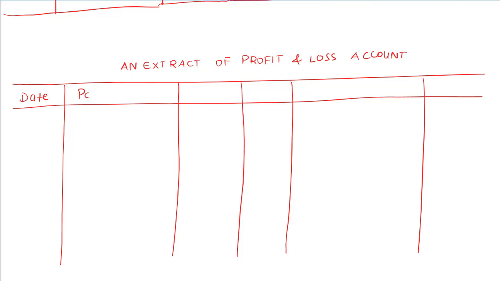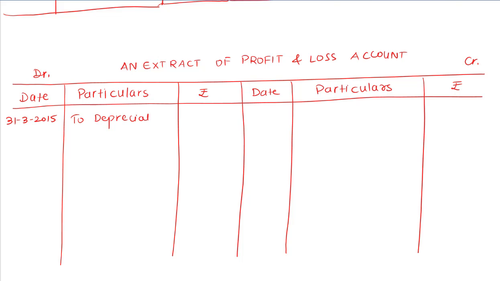Date, particulars, amount. Debit, credit. 31st of March 2015, to depreciation account, it will come 11,280 over here.